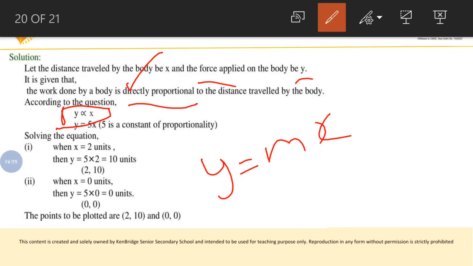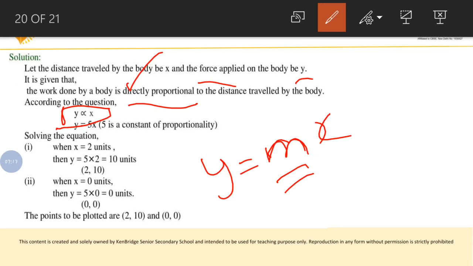Am I right? In physics you will study this, no? Constant force. So y is equal to mx. Here they have given the m value, a constant value, already in the question, that is 5 units. So instead of m we write 5. So y is equal to 5x. Now the equation has been written. So three things we have to do.